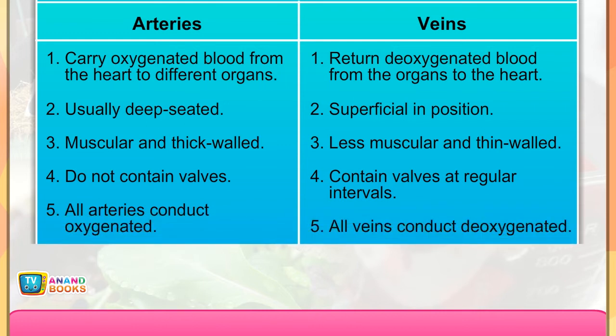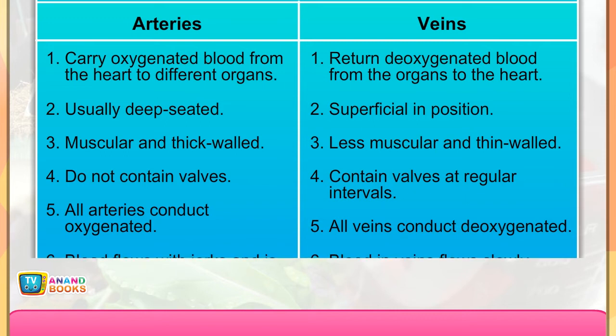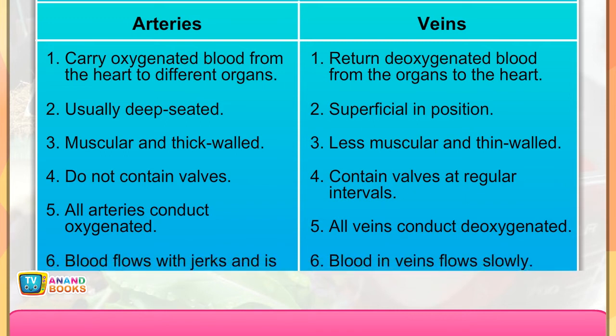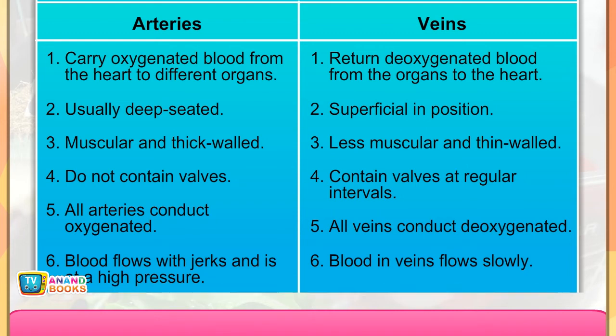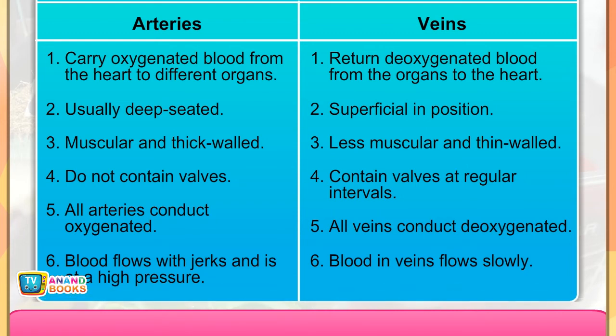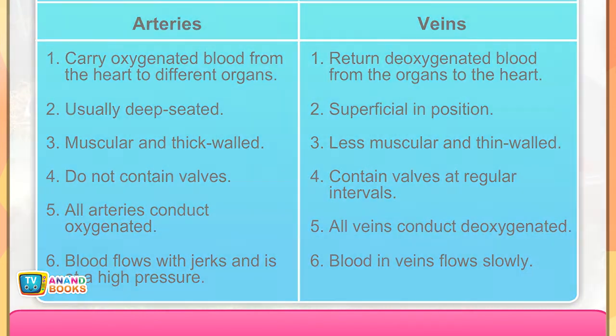Number 4: arteries do not contain valves; veins contain valves at regular intervals. Number 5: all arteries conduct oxygenated blood; all veins conduct deoxygenated blood. Number 6: in arteries, blood flows with jerk and is at a high pressure; blood in veins flows slowly.